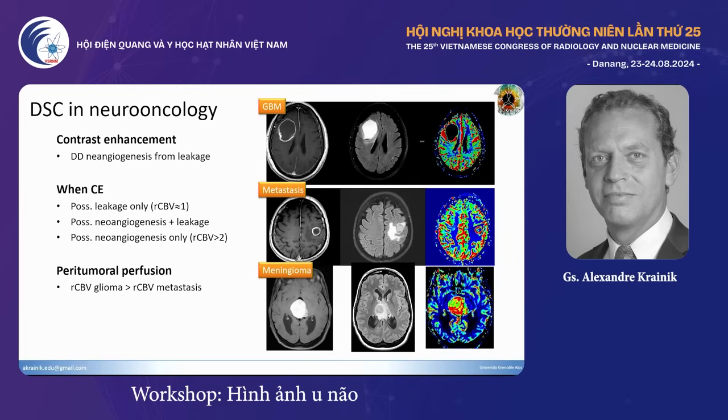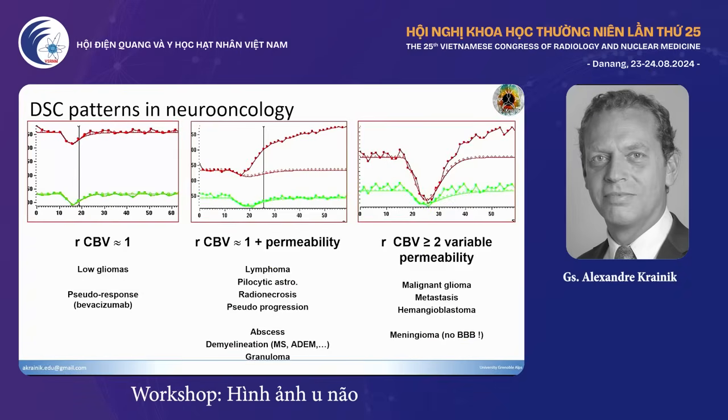And the best would be to have corrected CBV value and leakage estimate. Well, you see that here, for instance, some examples: glioblastoma, you have a peripheral increased perfusion on the border, again similar in metastasis, and of course in meningioma, which are highly vascularized tumors.